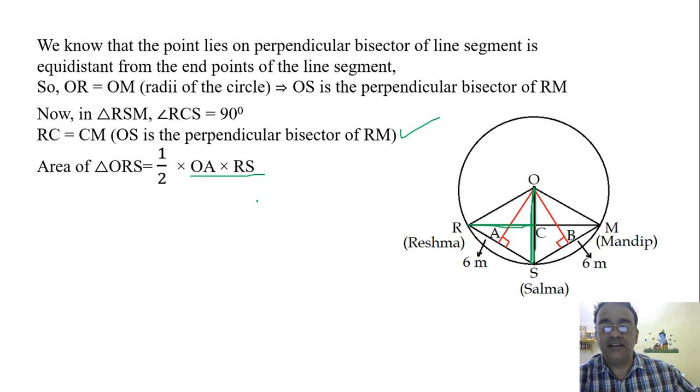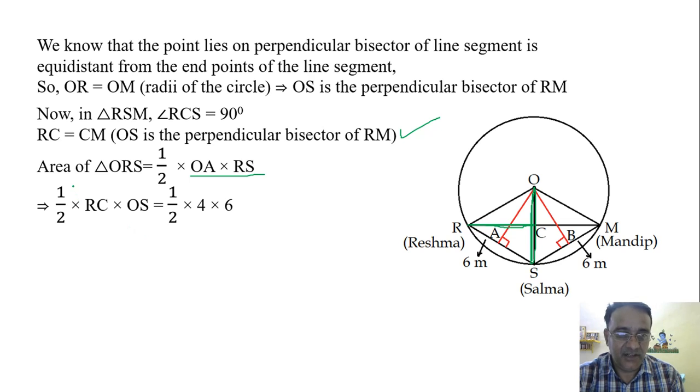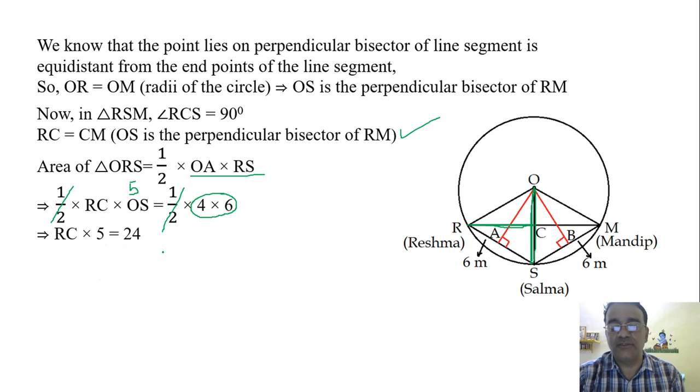This can be written in another way, as I already told, half into RC into OS. Now this half we can cancel, and OS is 5 and this is 24. Okay? So RC into 5 is equal to 24. So 24 upon 5 will be RC. That is 4.8. So what is RM?